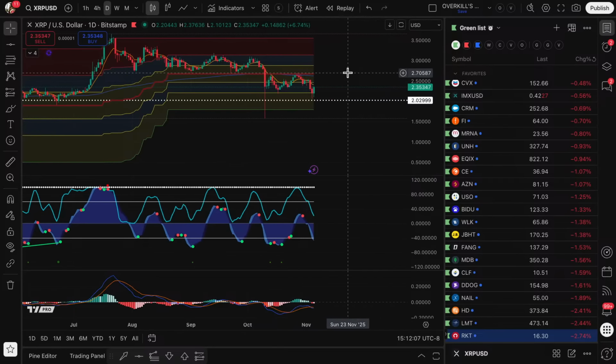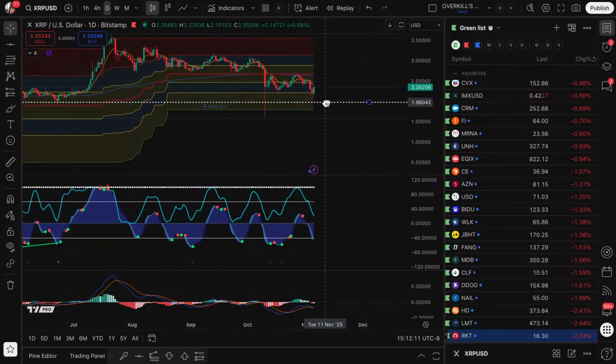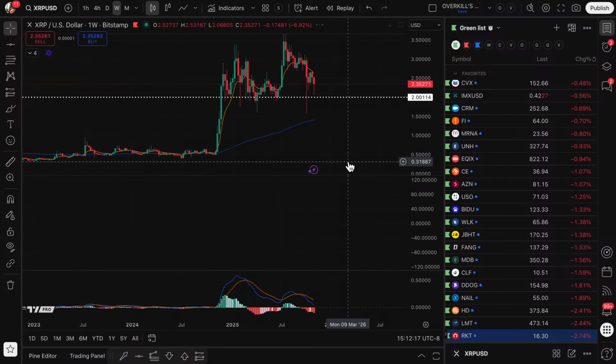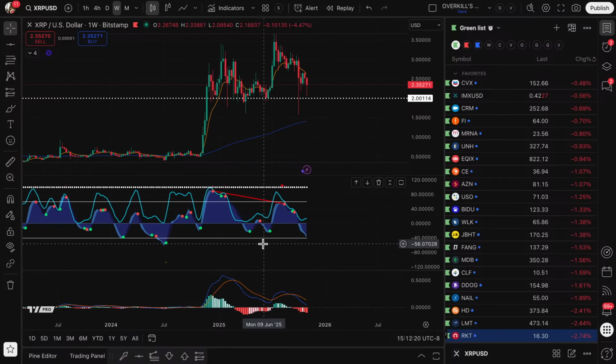So $2 is a really big support level for XRP. I would use a stop loss on this one at $2. We need to see a green month or a green daily or a green weekly. You can see every time we get down here, it's a good time to buy, right? Weekly, weekly, weekly. We bought XRP back here at 50 cents.